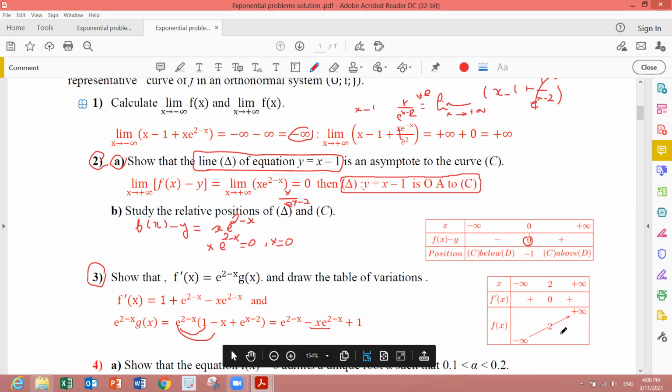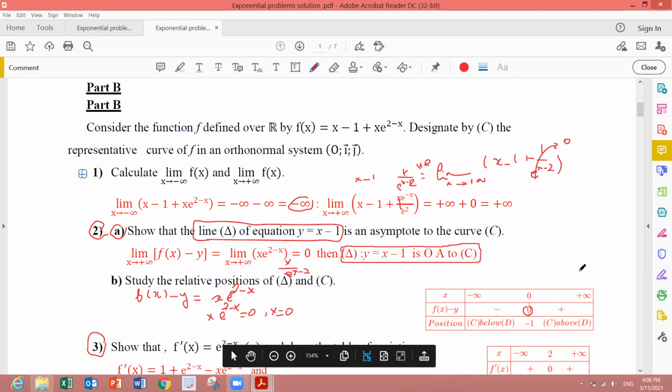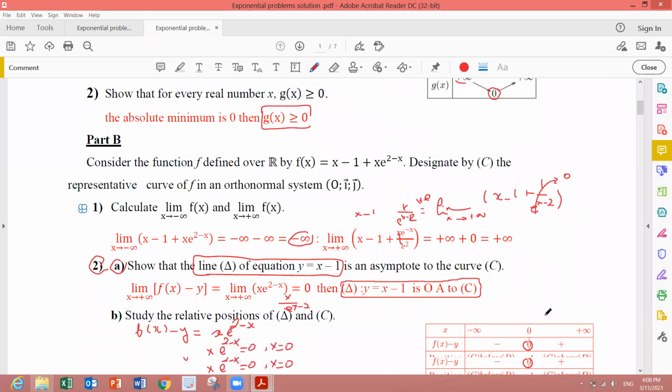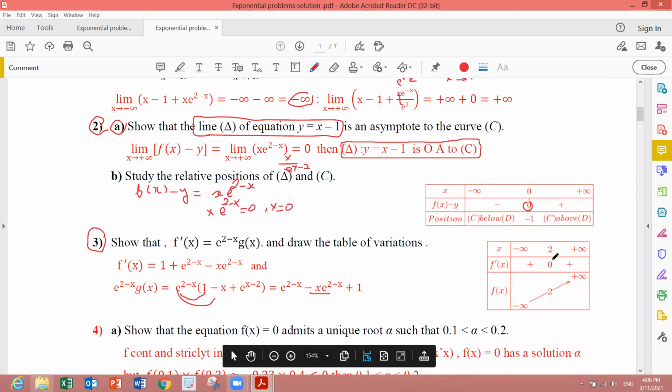From minus infinity we get minus infinity, and at plus infinity we get plus infinity. It is not necessary to write this term.